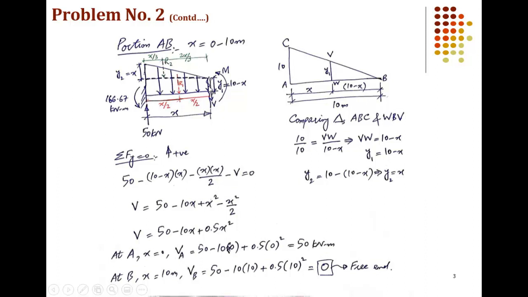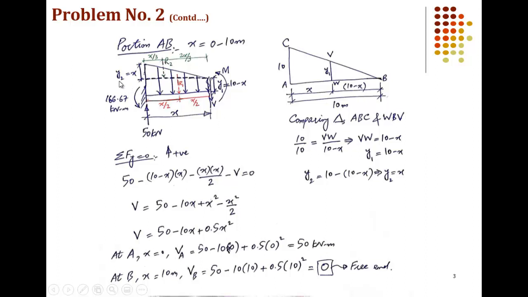So now we have got this dimension in terms of x, that's equal to 10 minus x, and we know that this dimension, or as it is shown here, AC total is equal to 10. So if this y1, which is the vertical dimension of the rectangle, is equal to 10 minus x, then we can also calculate this one.